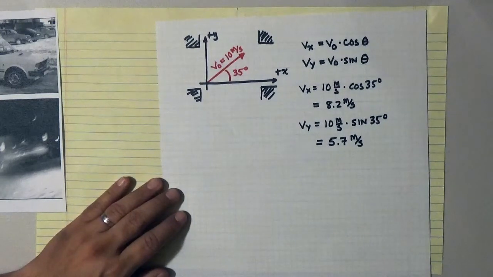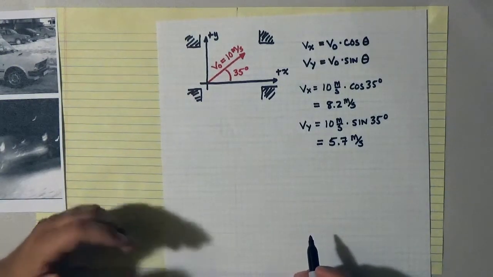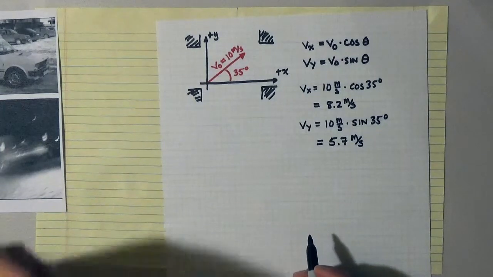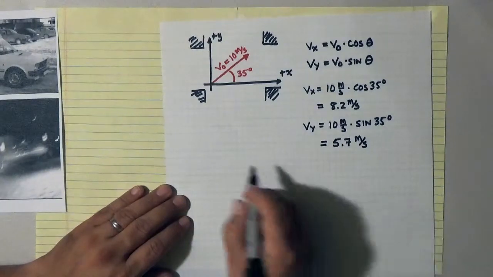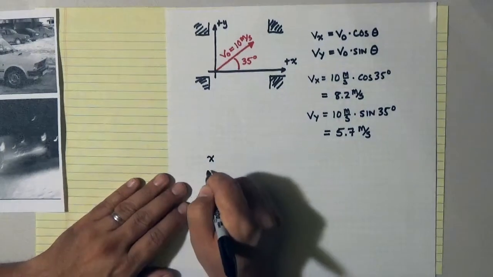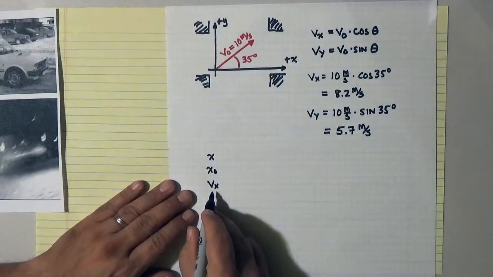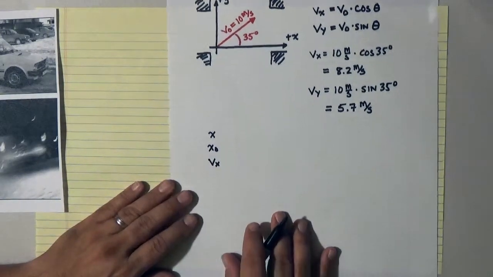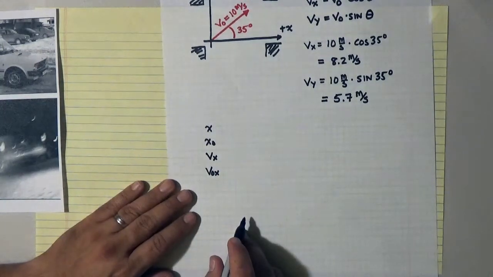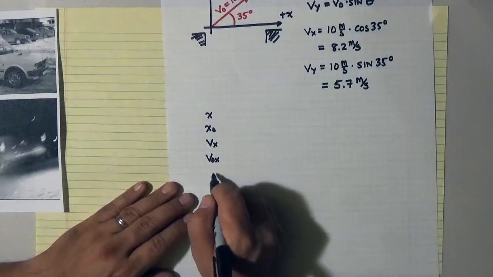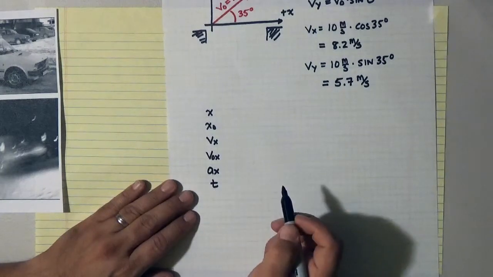I'm going to write out a kinematic table. Now, because this is two-dimensional motion, I really need two kinematic tables, one for my x motion and one for my y motion. So I'll write out my kinematic variables as x, x naught, vx, that is the component of my velocity in the x direction, v naught x, my initial speed in the x direction, ax, my acceleration in the x direction, and time t.